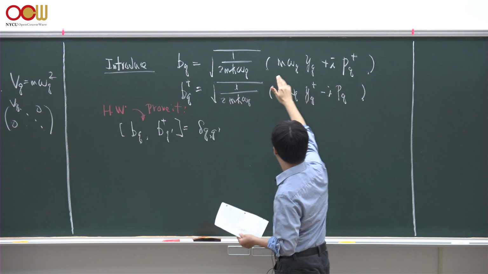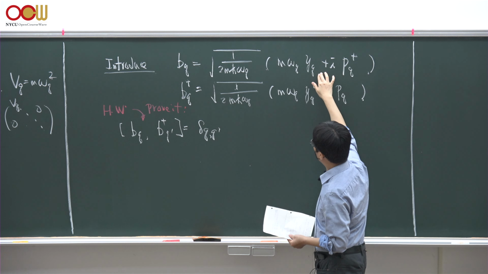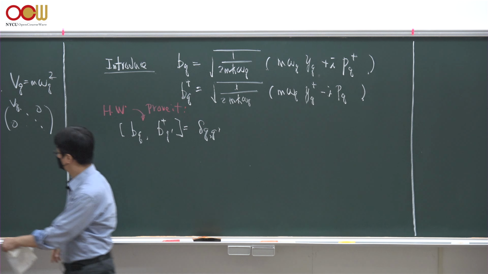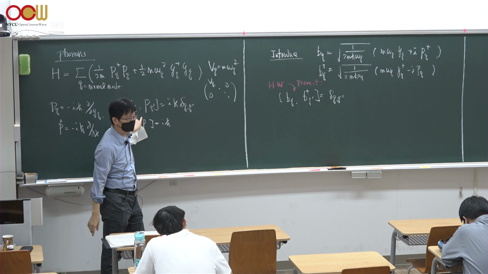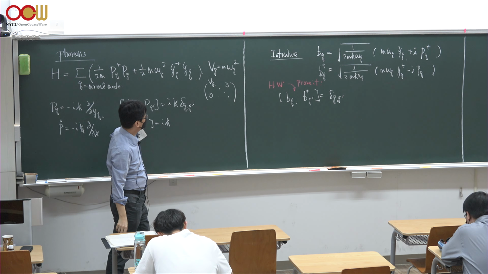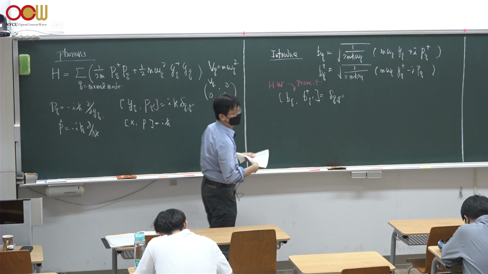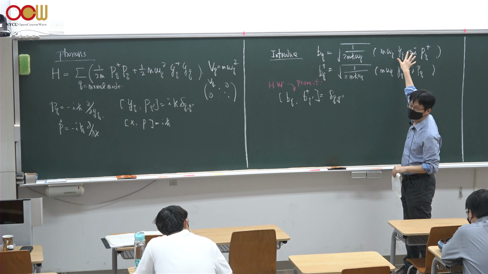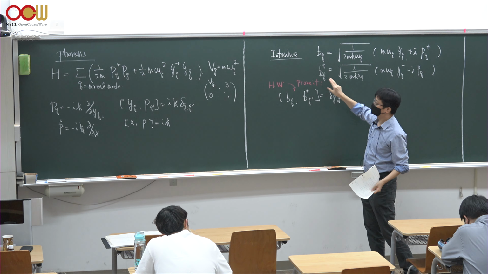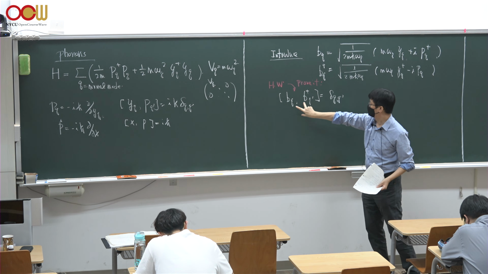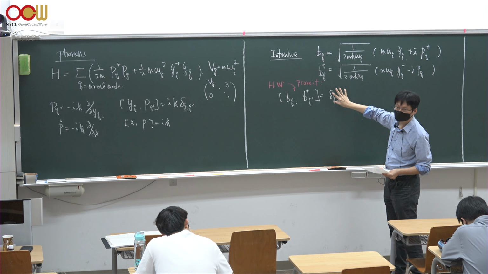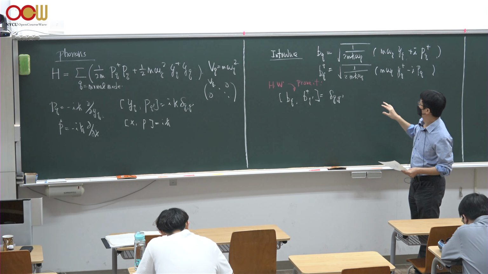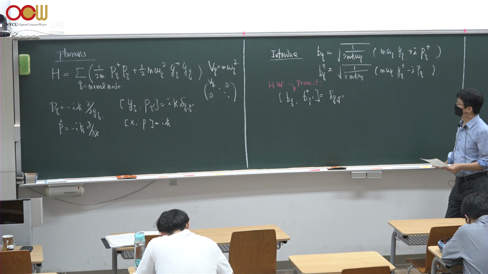So you already knew that y and P satisfy the commutation relations in quantum mechanics, and if you form a linear combination of y and P in such a manner and define it as b and b dagger, these two operators also satisfy the standard commutation relations. But of course, this i h bar is gone because it has been absorbed in the definition of b and b dagger.